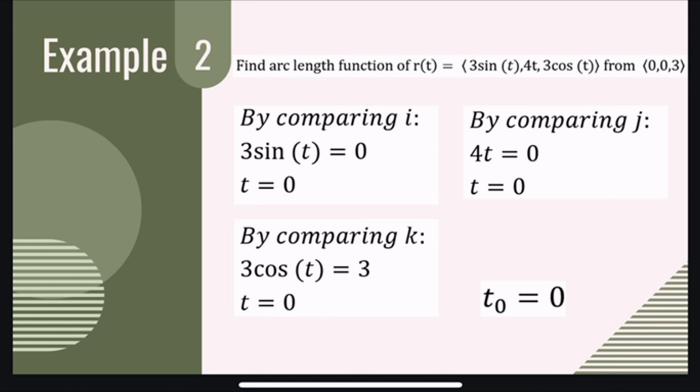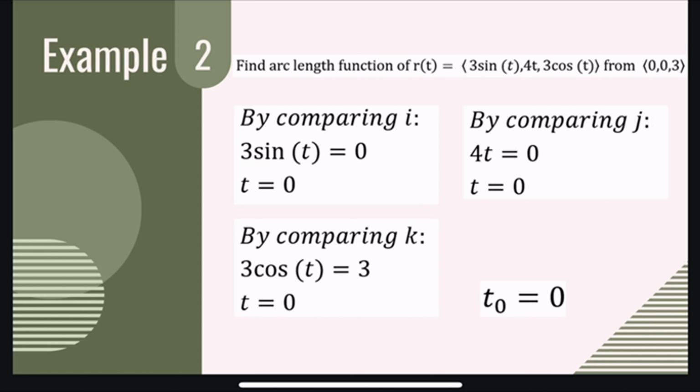First, what we need to do is compare the i, j and k. The i refers to the first term, the j refers to the second term, and the k refers to the third term. And then we just compare the first term to the first point as shown in the solution given. 3 sin t equals 0, so we get t equals 0.